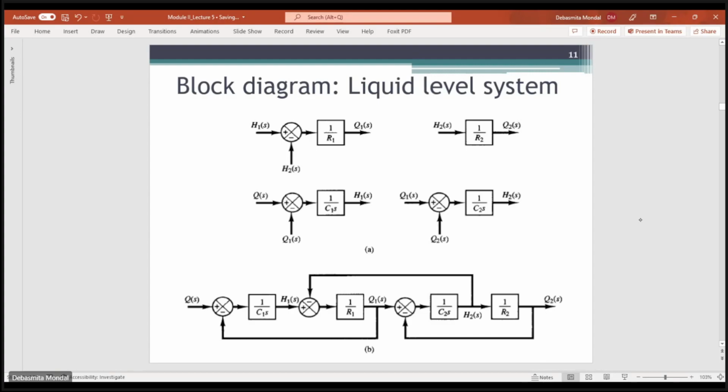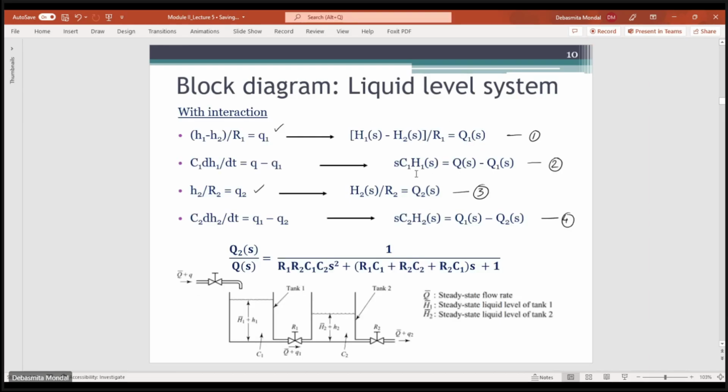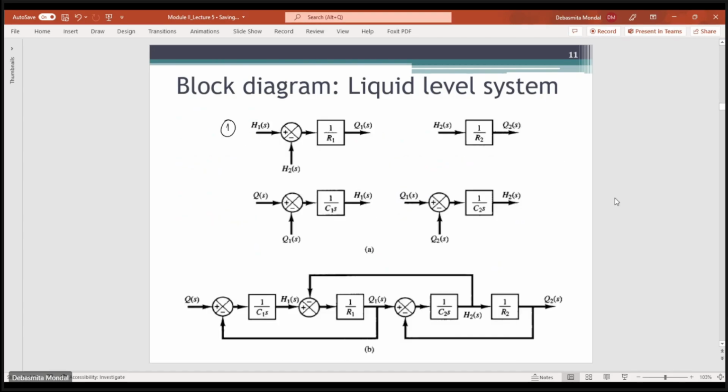So here we write H1, which goes into a summing block, and H2 goes in with a minus sign, giving H1 minus H2. That gets multiplied by 1 by R1, and that equals Q1s. So this is the block for equation number 1. If you see equation number 2, you will have Q minus Q1s equals SC1 into H1.